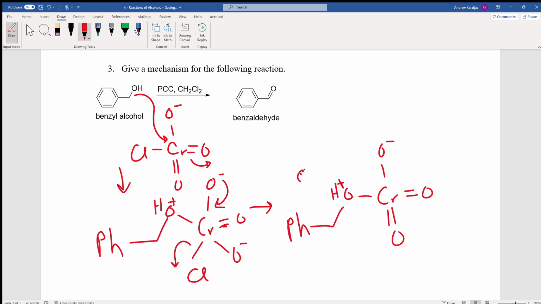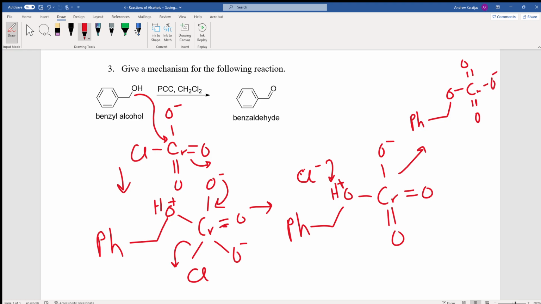Anything that can function as a base at this point, even the Cl- we just lost, can remove that hydrogen. And what we've managed to do at this point is to put a leaving group onto oxygen.